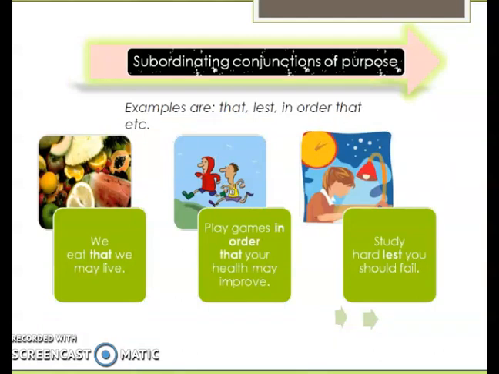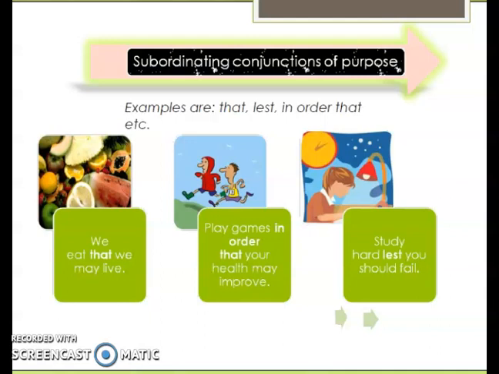Next, we have subordinating conjunctions of purpose. Examples are that, lest, in order that. We use them to show a purpose of an action, that why someone has done something. As in this example, you can see the bold words that, in order that, and lest. They are subordinating conjunctions of purpose.